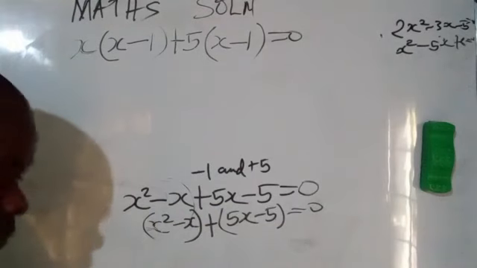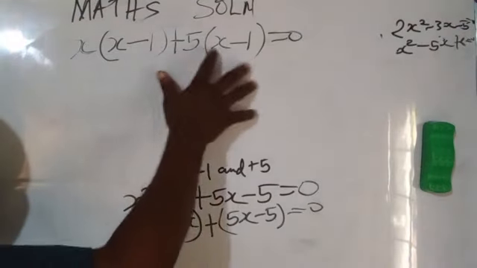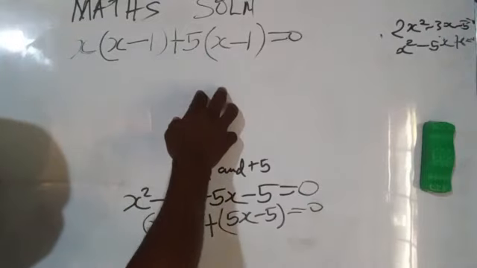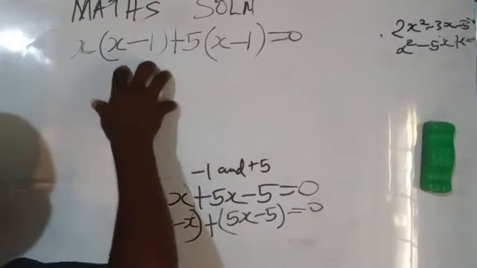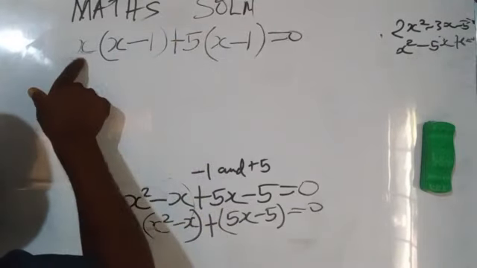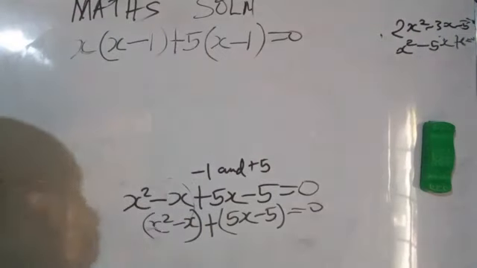Now, you are going to pick one bracket because these two brackets are common. Their entries are common, that is x minus 1, x minus 1. Then you choose only one bracket. Then this one outside the bracket, you're also going to choose, that is x and the plus 5.